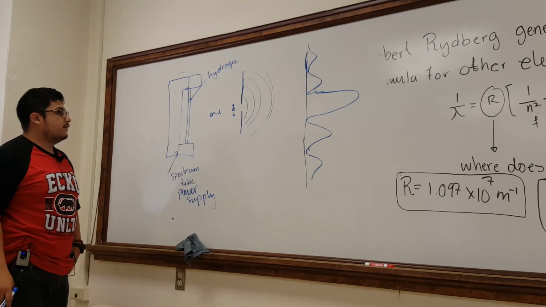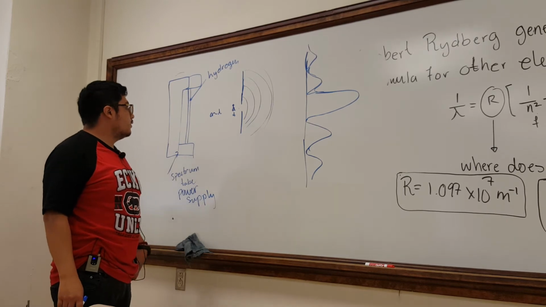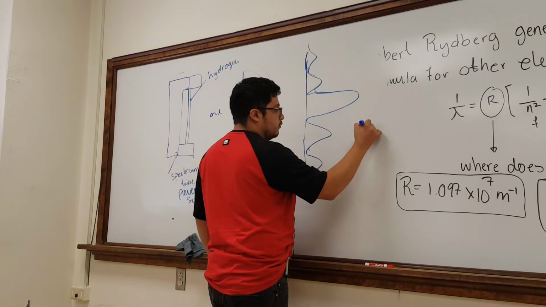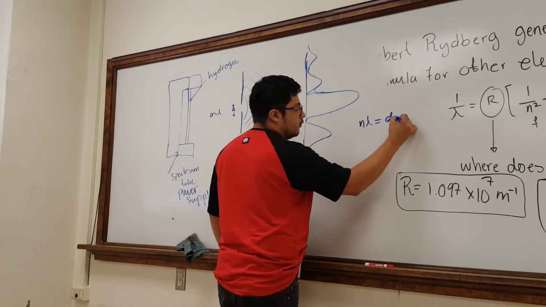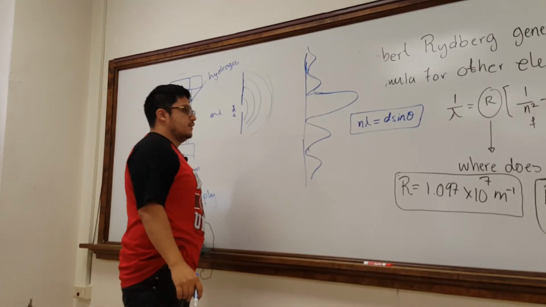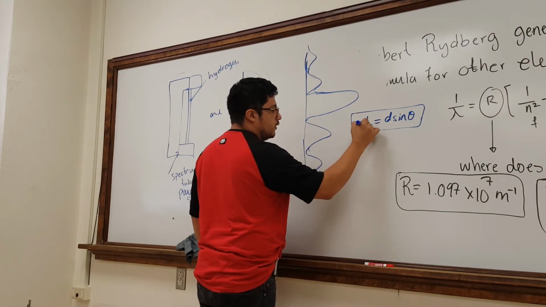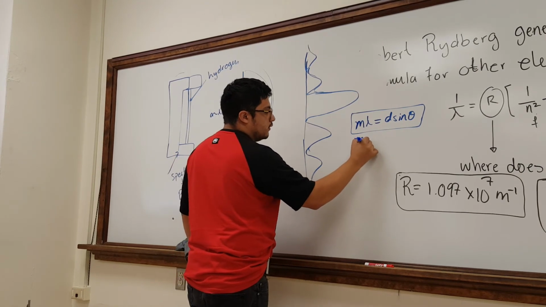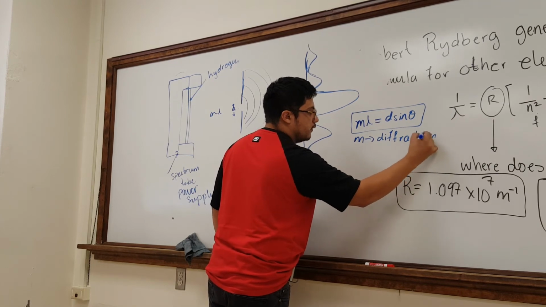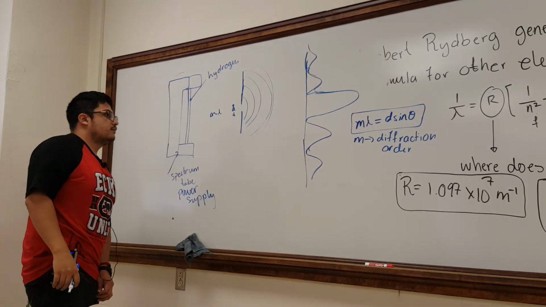Now here we have a source with multiple wavelengths. That means we have different colors of light, so different wavelengths enter, and we remember that the locations of maxima were given by this relation. Where we find bright spots is given by this, let me call it m to avoid confusion. m is what we call the diffraction order, and theta is the location of the maximum.